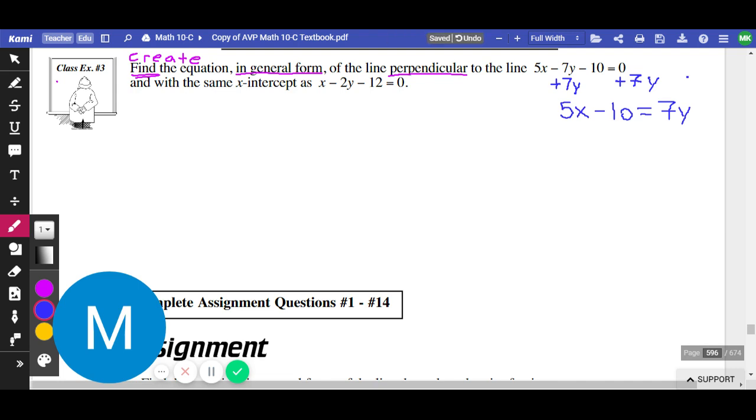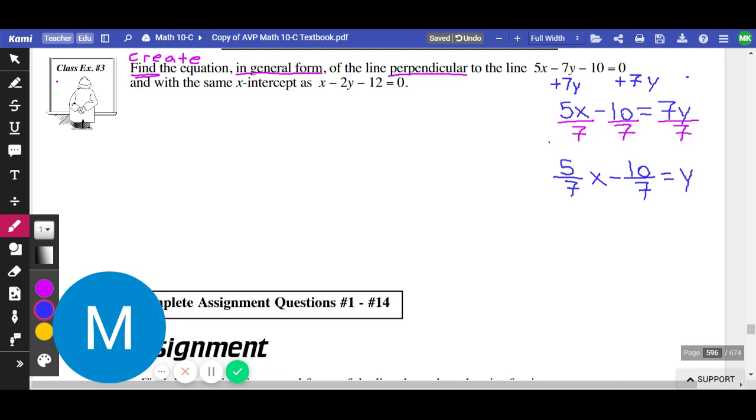I'm now one step away from being slope-intercept form. I need to somehow get rid of that 7. I get rid of that 7 by dividing by 7. When I divide by 7, I now have 5 over 7 x minus 10 over 7 equals y.